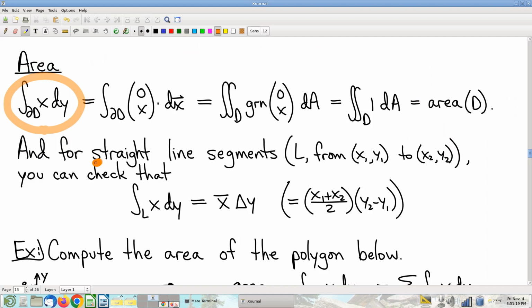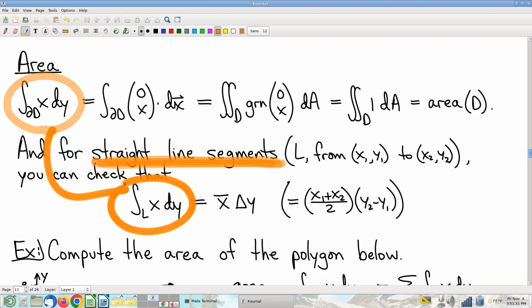But if you have a straight line segment that starts at one point, goes to another point, straight line in between, for straight line segments, these integrals are really easy to compute. Look how easy it is. The simple formula for the integral of x dy, if you're talking about a straight line segment, is the average value of x times the change in y. It's easy as that.